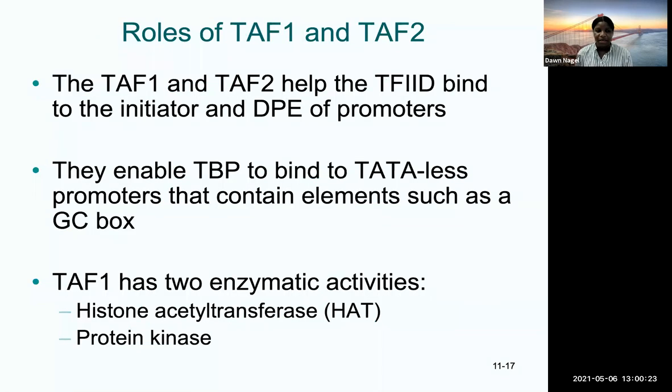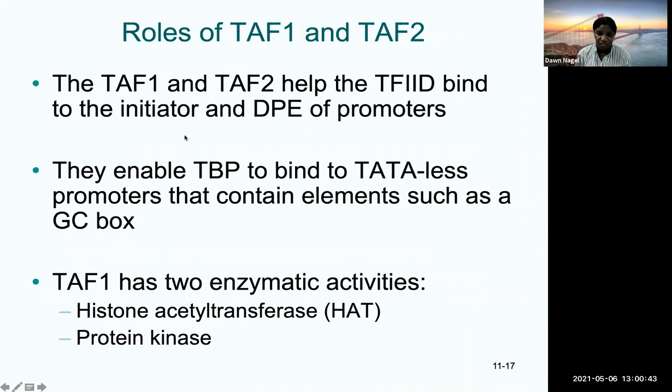Why are the TAFs important in addition to helping to anchor the polymerase? You recall we also talked about some promoters that don't necessarily have this TATA box, right? In the case of promoters where there's a TATA box, the TATA box binding protein, TBP, will bind to those promoters.